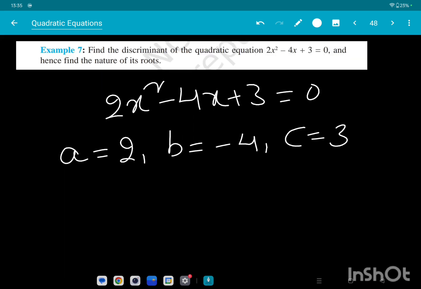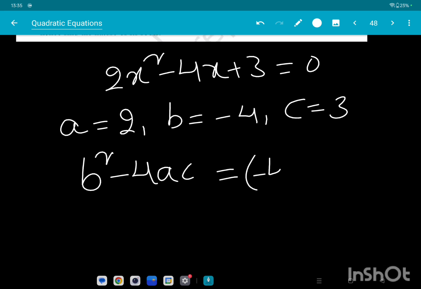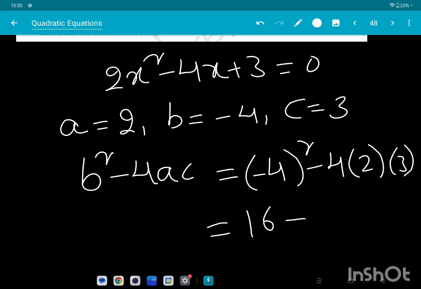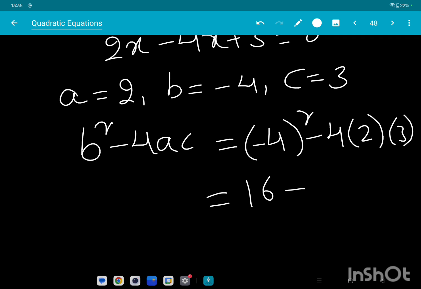Now we are going to find the nature of roots. We need to find the discriminant. What is the formula for the discriminant? b square minus 4ac. So b square minus 4ac is equal to, what is the b value here? Minus 4 whole square minus 4 into 2 into 3. 4 fours are 16 minus 4 twos are 8, 8 threes are 24.